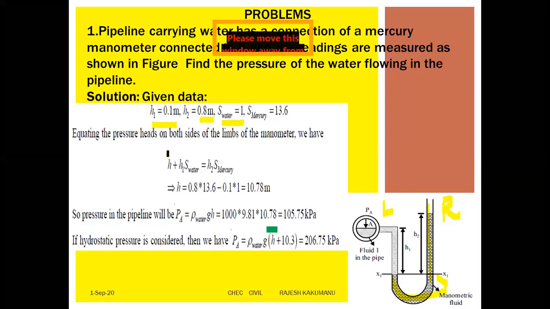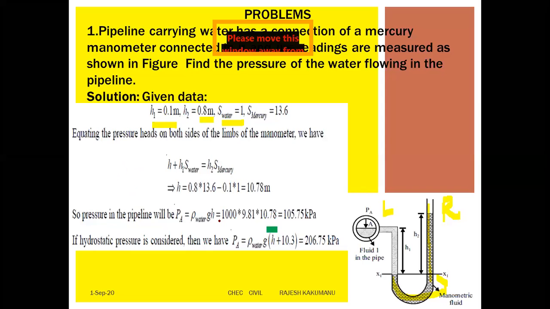Next. So, the pressure in the pipeline will be PA equals rho water into g into H. Normally we put the pressure value like this. That is P equals rho into g into H. In the starting class we derived it, pressure is rho into g into H. Now PA equals rho of water, which we must remember blindly as 1000, and g equals 9.81, which we must remember. The height we already calculated as 10.78.